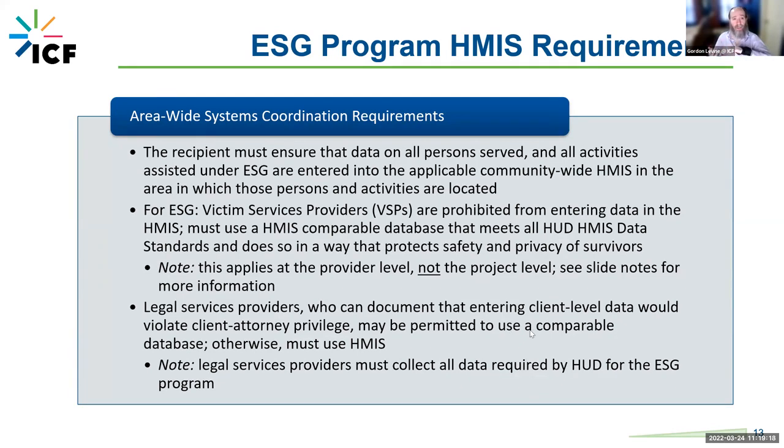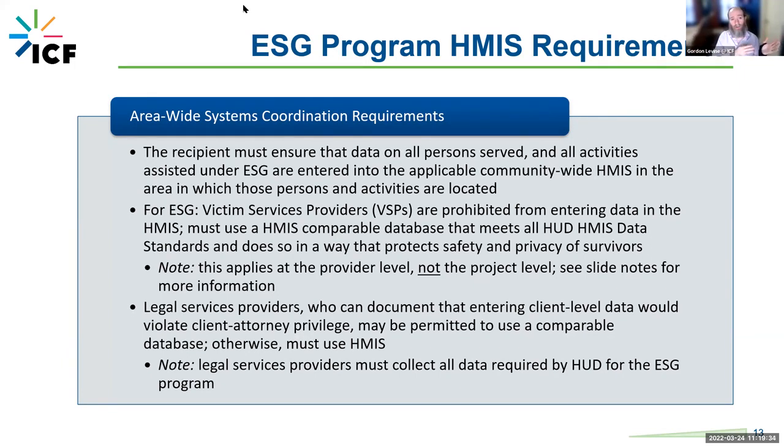And so any project operated by that service provider, regardless of whether it serves exclusively people who are fleeing domestic violence, or partially, or even not at all, has to go into a comparable database.